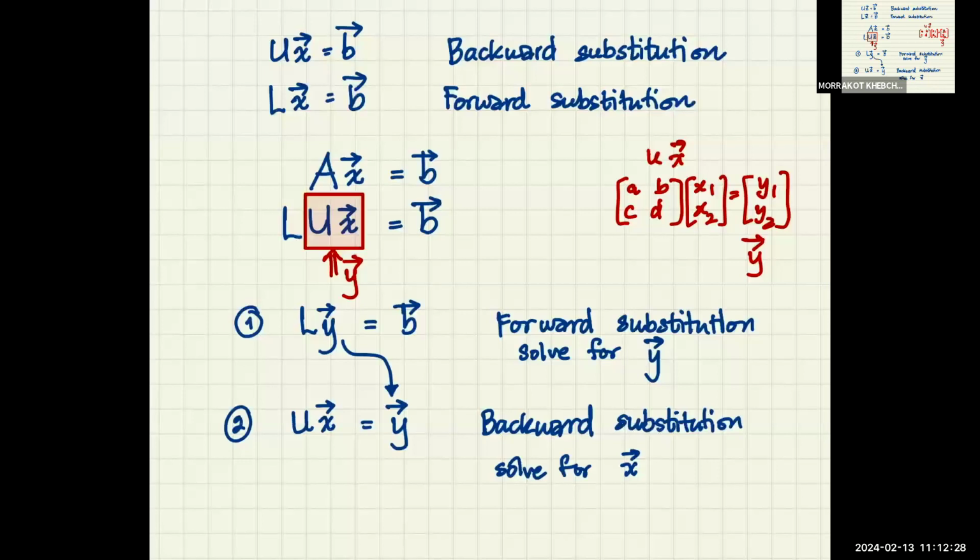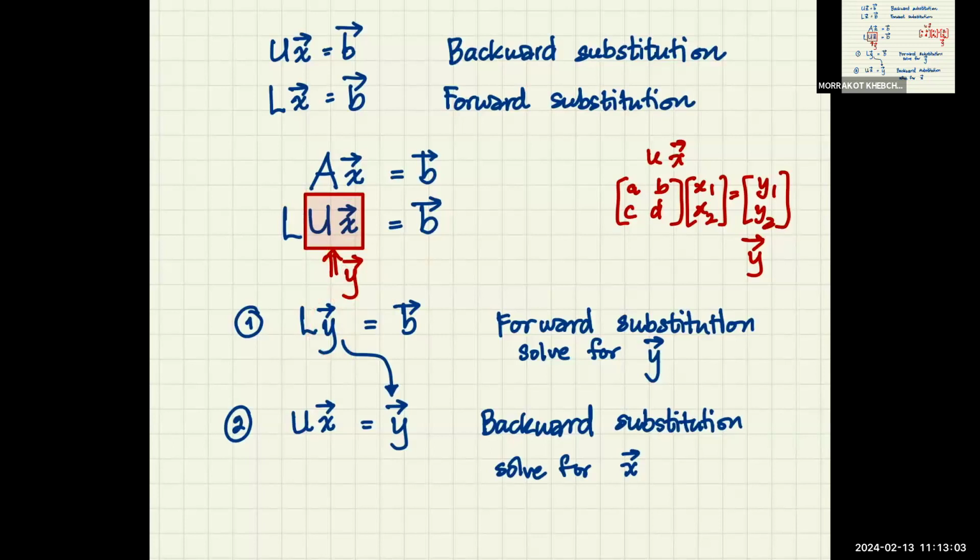Because L is the unit lower triangular matrix, we have L times U times X. So we let U times X equal to a new unknown I call Y. So I have the system L times Y equal to B. Since L is the lower triangular matrix, we can solve for Y easily by using forward substitution from top down.